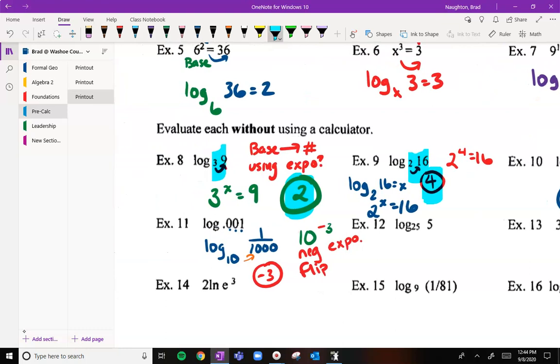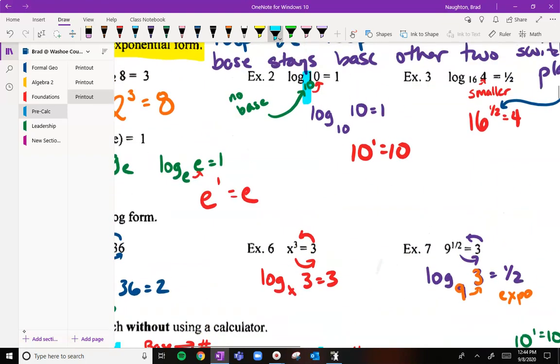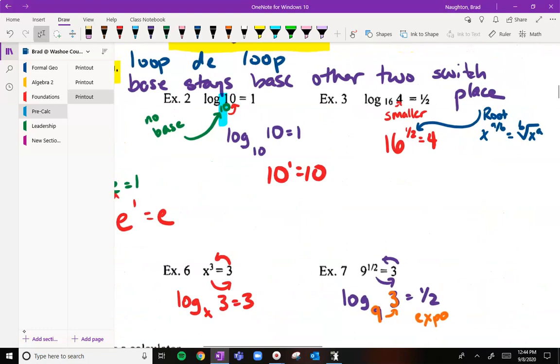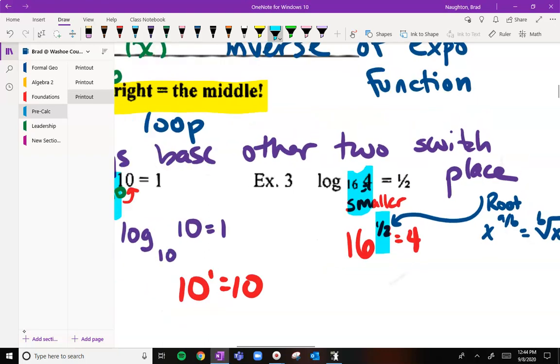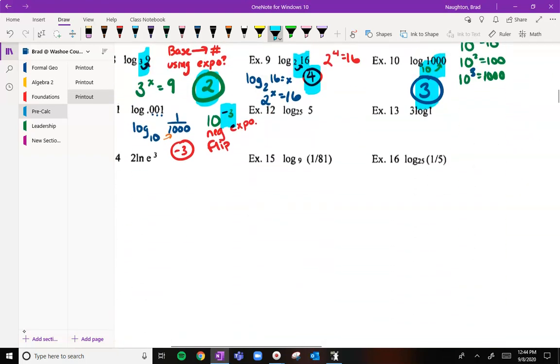But when we're going to a smaller number, it's either going to be a fraction or a negative. Now, let's be very clear. This does not give us a negative answer. We're using our negative exponent rules. Okay? So, just once again to drive that in right here. I went from 16 to 4. That's getting smaller. It's 1/2 or a negative number. So, keep that in mind.